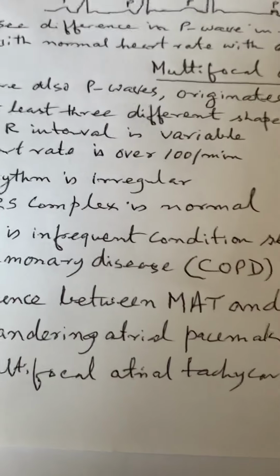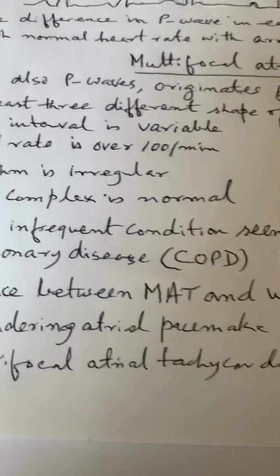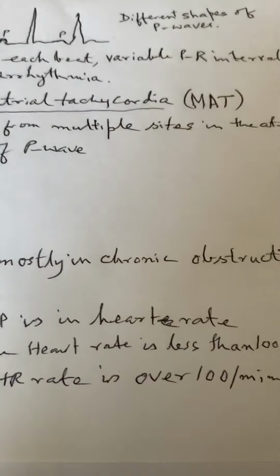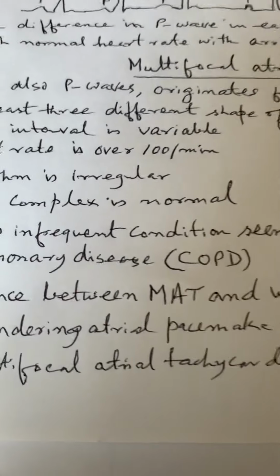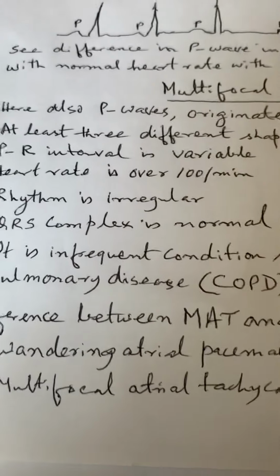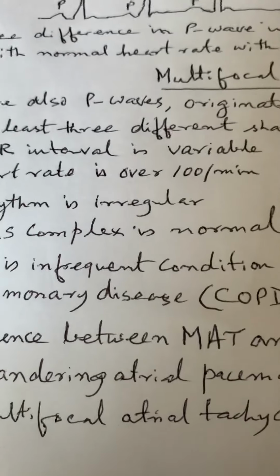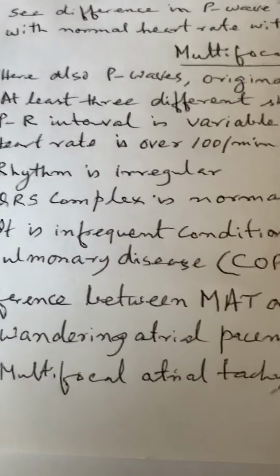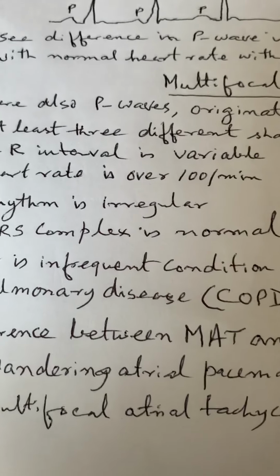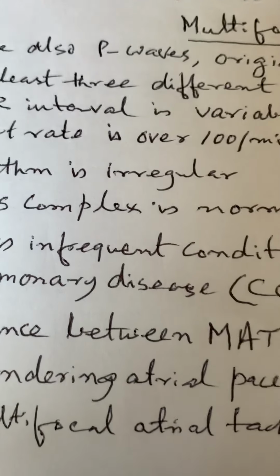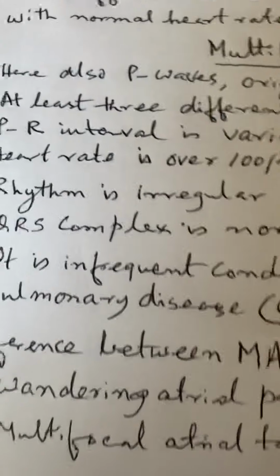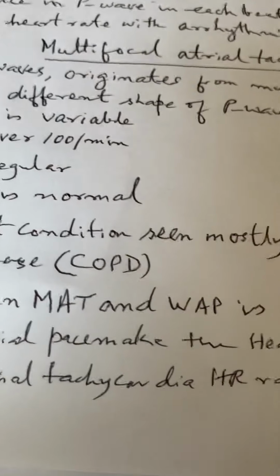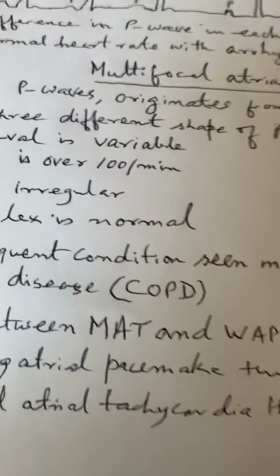It is frequently seen in conditions like chronic obstructive pulmonary disease or COPD. Now, let me tell you the summary. The difference between MAT, that is multifocal atrial tachycardia, and the wandering atrial pacemaker is in the heart rate.